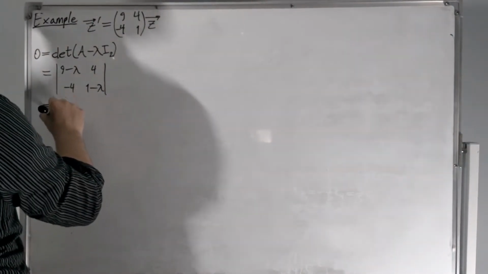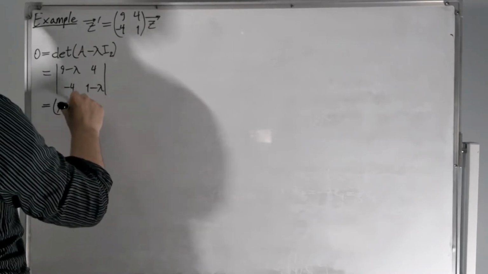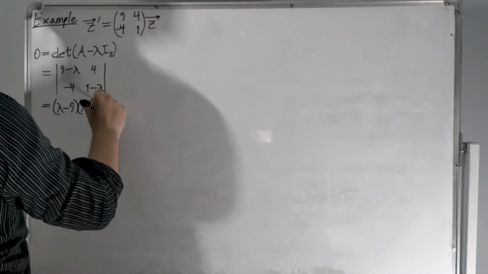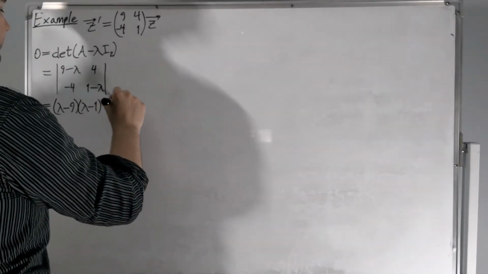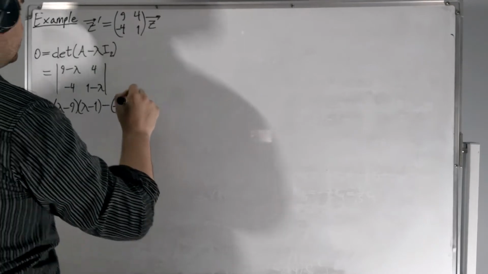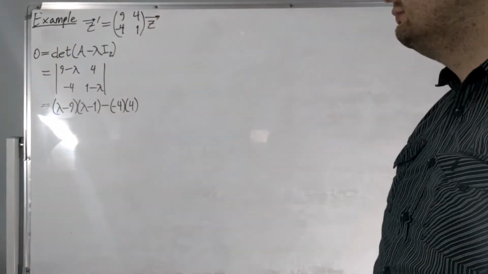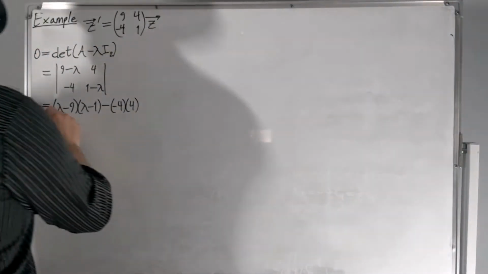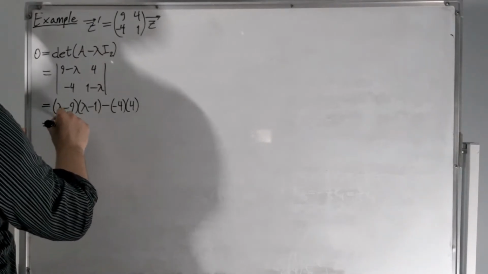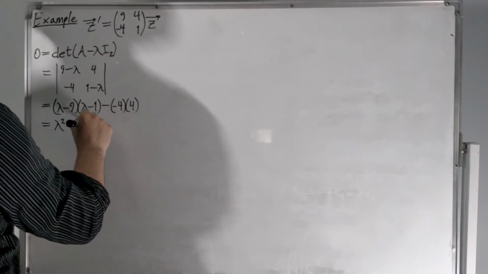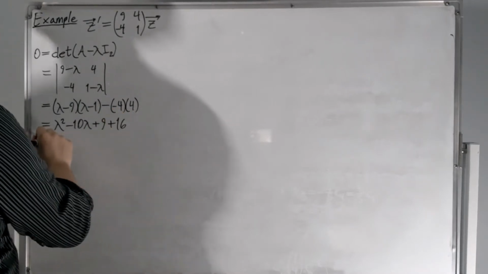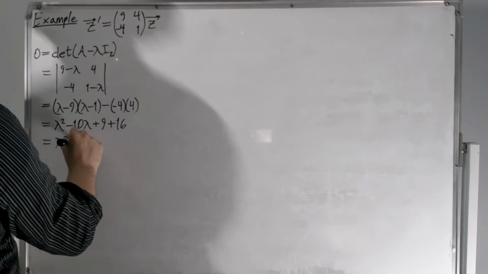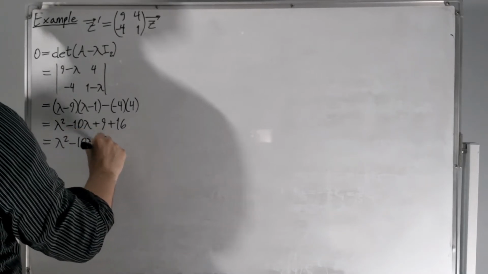You do that determinant, you get lambda minus 9 times lambda minus 1, where I've cancelled the negatives from the two, minus negative 4 times 4. This turns into lambda squared minus 10 lambda plus 9 plus 16, which is lambda squared minus 10 lambda plus 25.